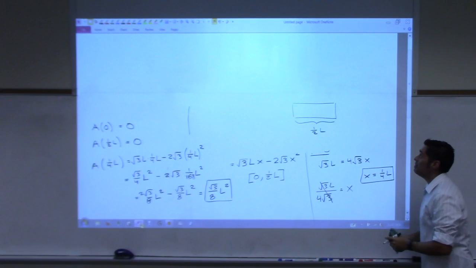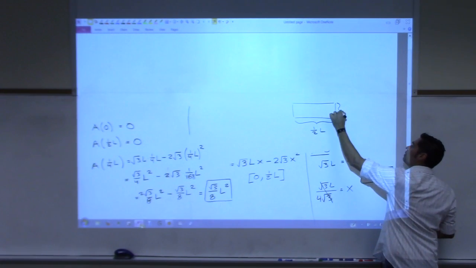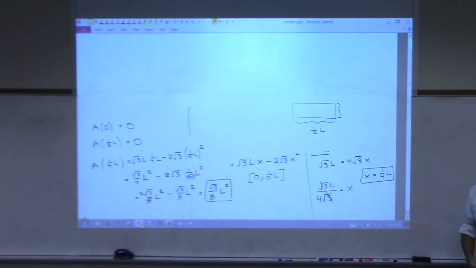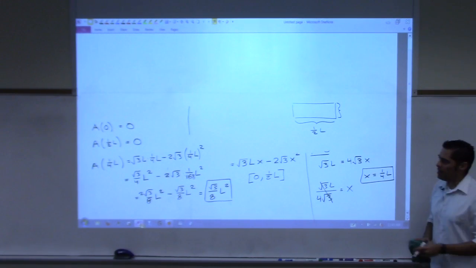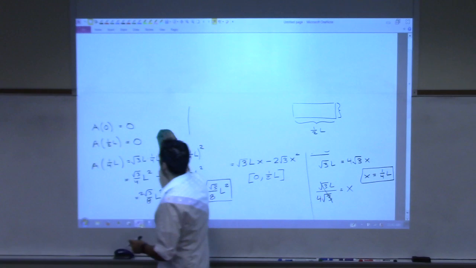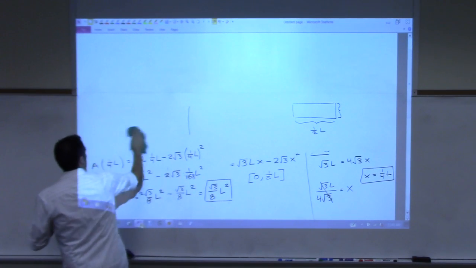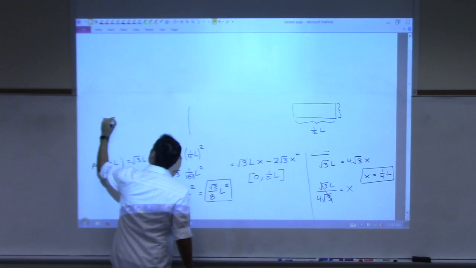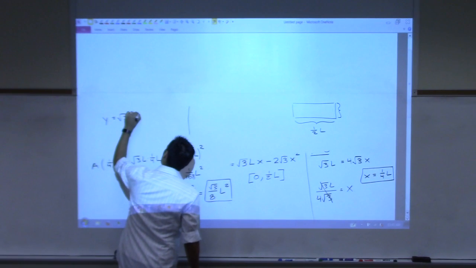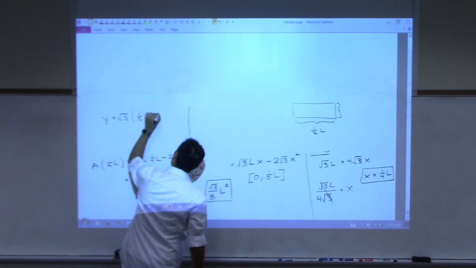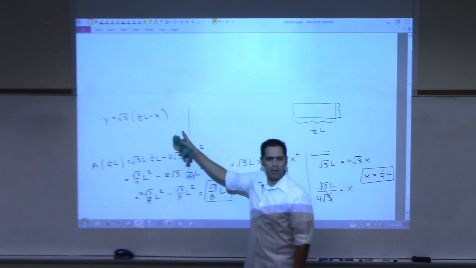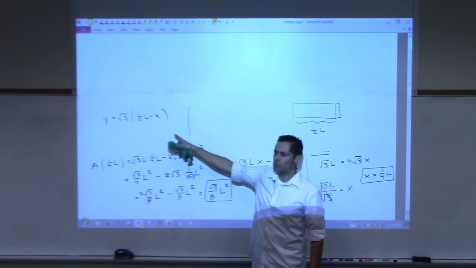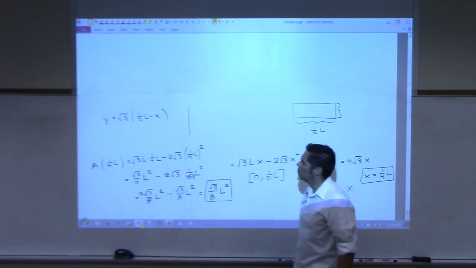And what should the height of this be? What should y be? And where are you going to get that from? You're going to plug that back into your constraint. We had a constraint equation earlier. It was solved for y. We had y was equal to root 3 times 1/2 L minus x. Was that it, when we solved for y earlier? Yep.